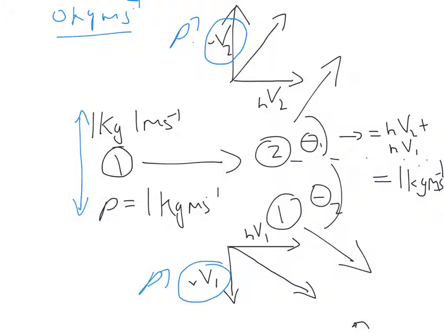It must be equal and opposite because if we assign this as a positive value and that as a negative value in that orientation, then since there is 0 before, there must be 0 after, because you can't gain or lose momentum in any direction when we've not got an external resultant force, which we don't have here.